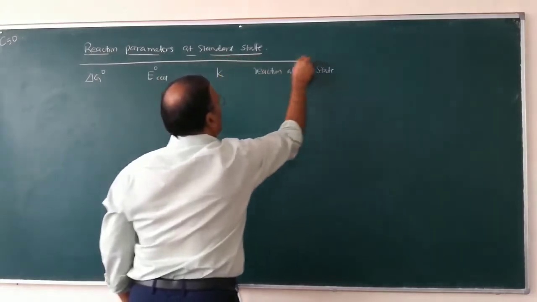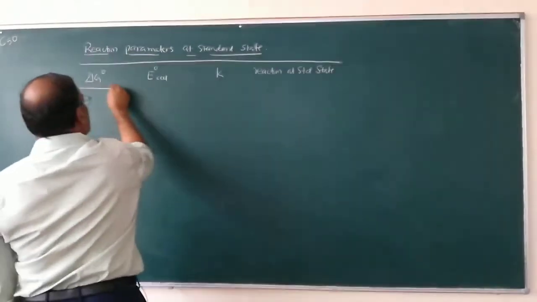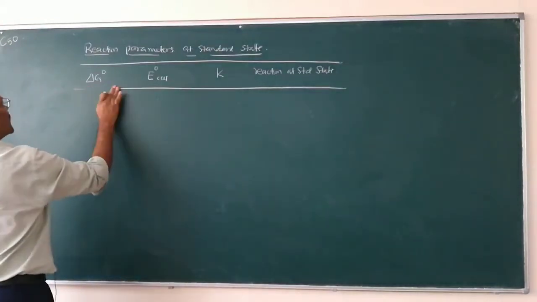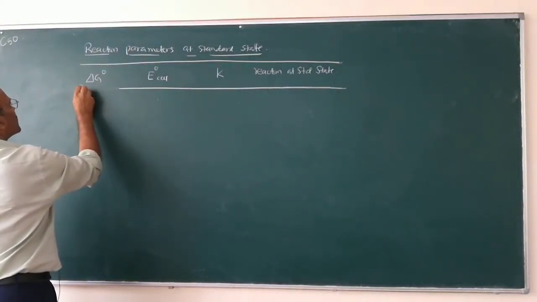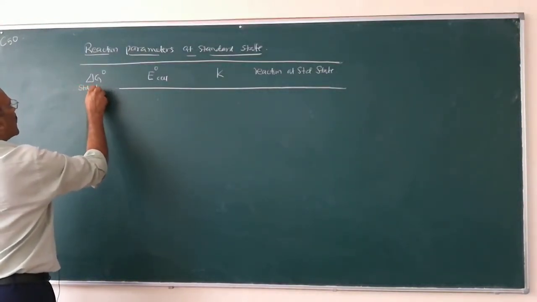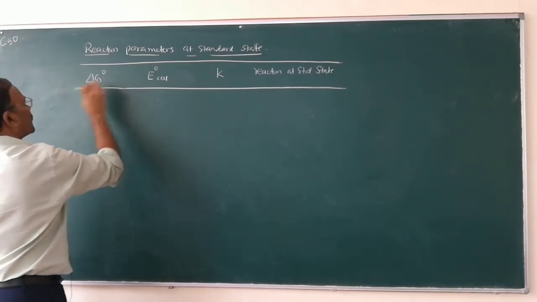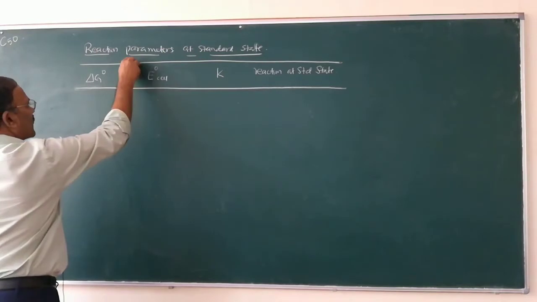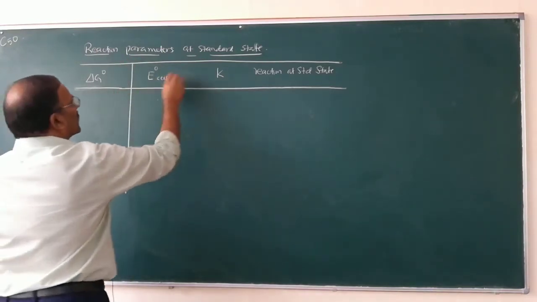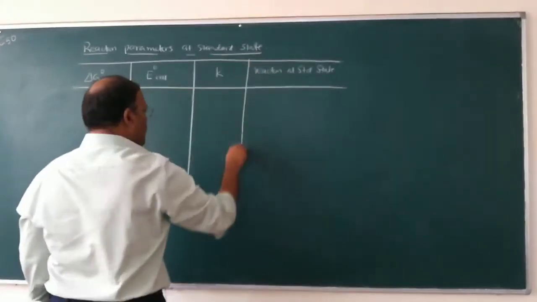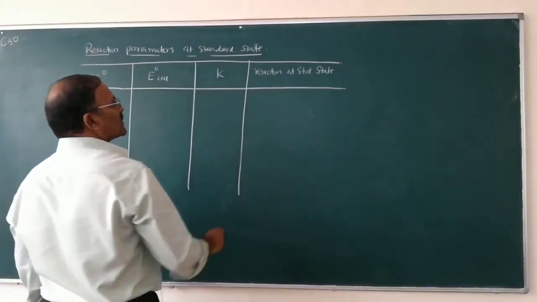So we will know the values of delta G naught, the standard free energy change, standard EMF of the cell, equilibrium constant, and reaction at standard state.